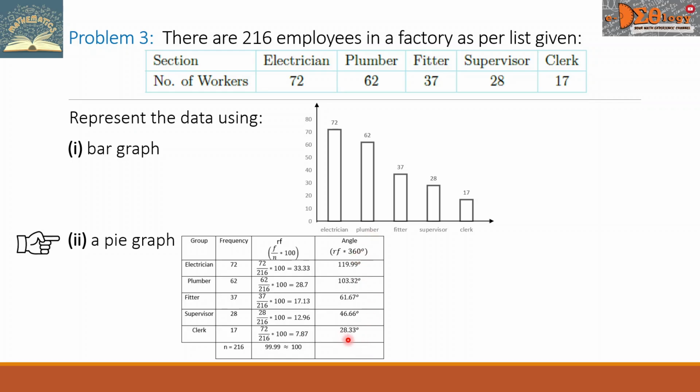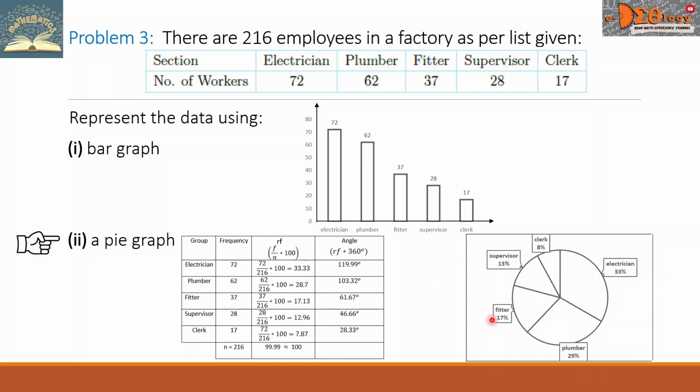That is 28.33 degrees. The total here is 360 degrees. And this is now the pie graph. This is for electrician, plumber, fitter, supervisor, and clerk.